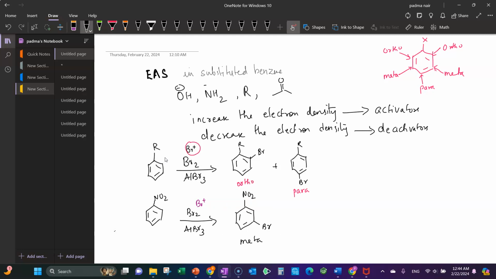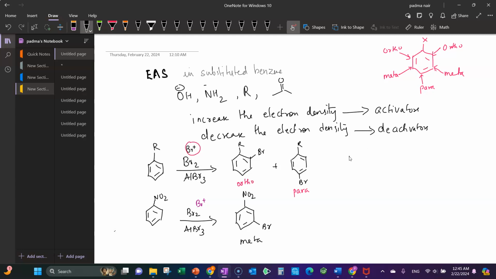by which we can conclude that there are certain groups which are ortho and para directors, and there are certain ones which are meta directors. And it's always the groups which increase the electron density onto the benzene ring that direct the incoming group to ortho or para positions.